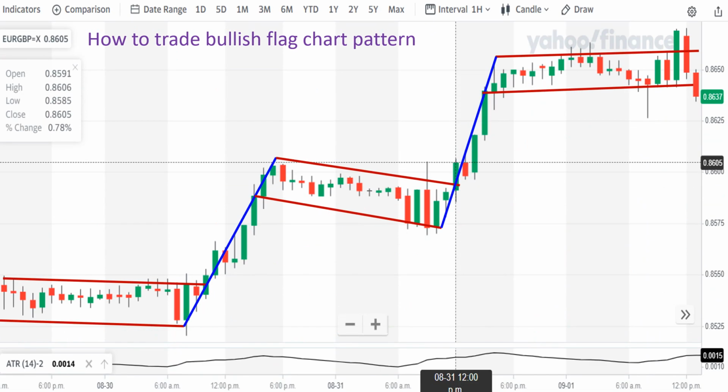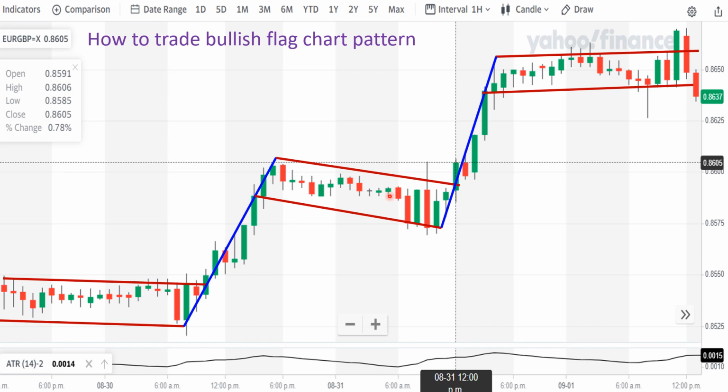How to trade the bullish flag chart pattern? This is the price trend of Euro British Pound, H1 time frame. Here you see 3 flag patterns, and this is the one that I'm going to enter the trade on and show you how.